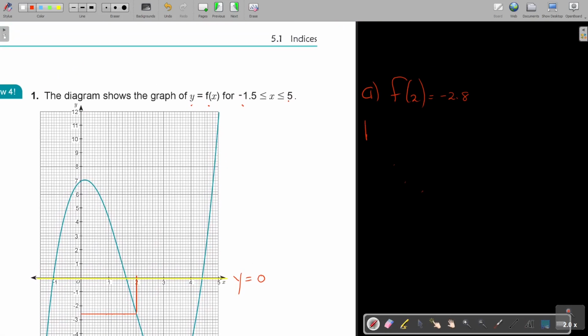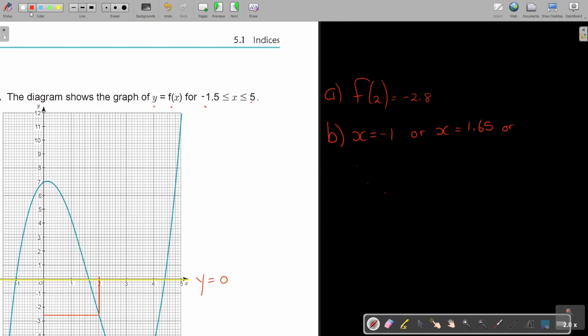So it's cutting, x is -1 or x equals 1.65 or, and then the next one, x is equal to 4.4. That's my three values.